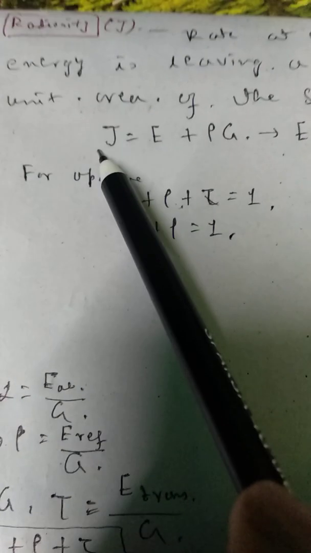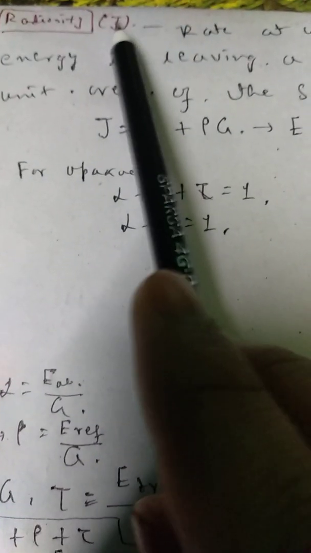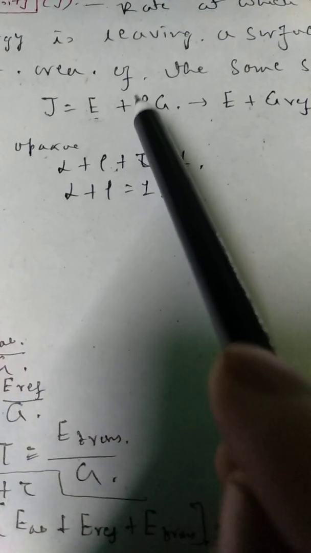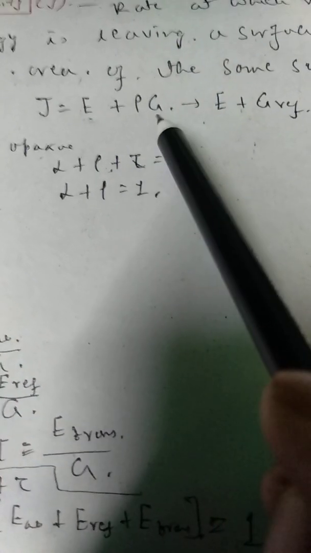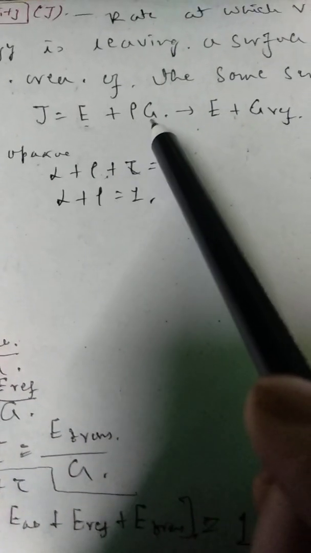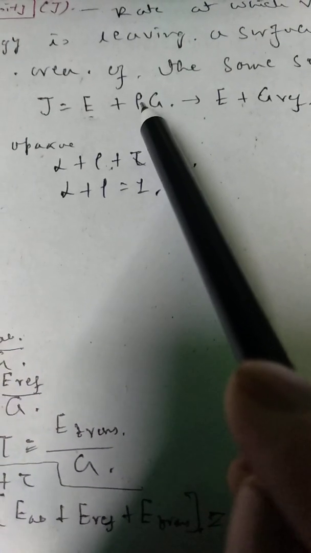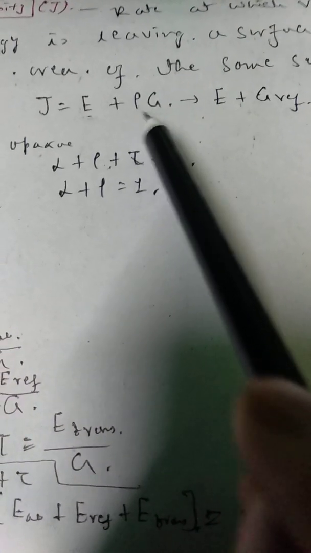So this radiosity is denoted by the big J. J is the emissive power, either through emission E, plus through reflection. The reflective heat flux can be denoted by rho into G, as we have already studied, where G is the total irradiation.